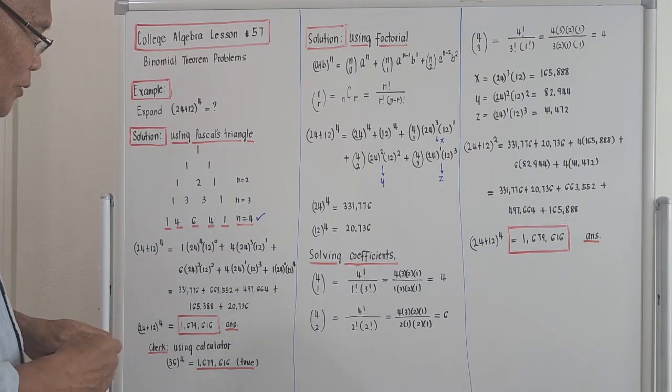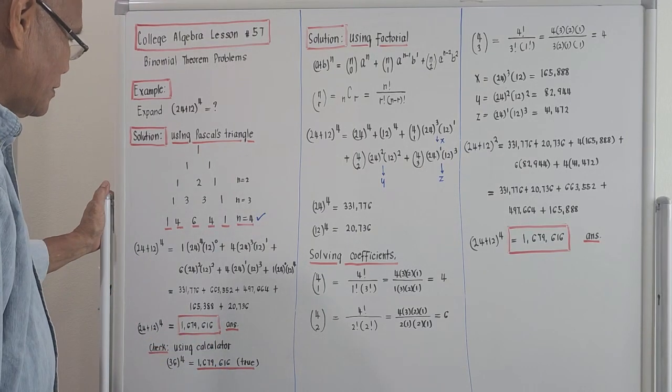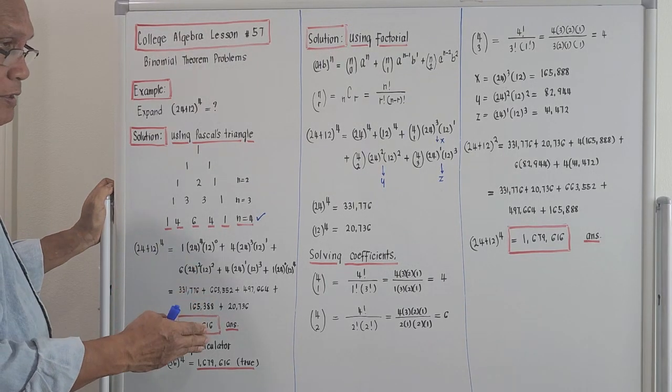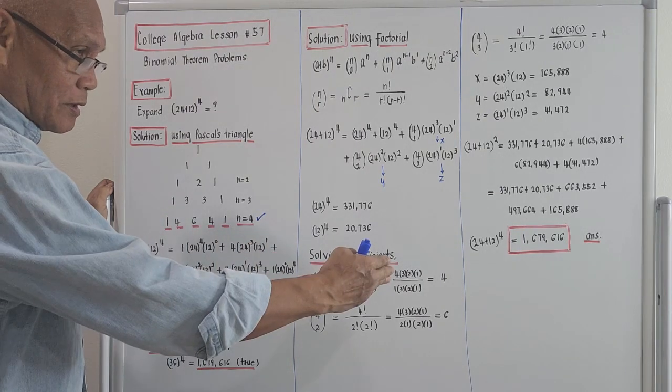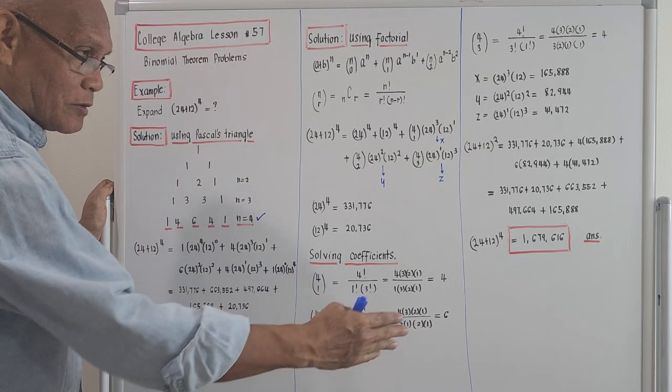And for the binomial terms, okay, it's easy. The powers of the first term should be in the so-called descending order, and the powers of the second term are in the ascending order.